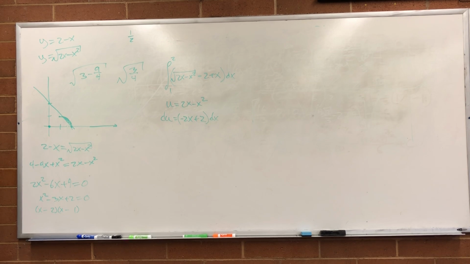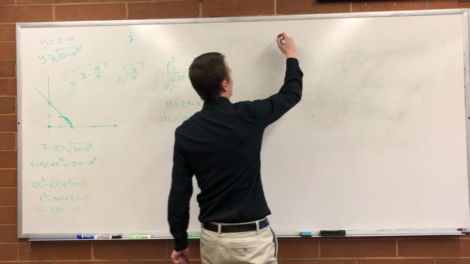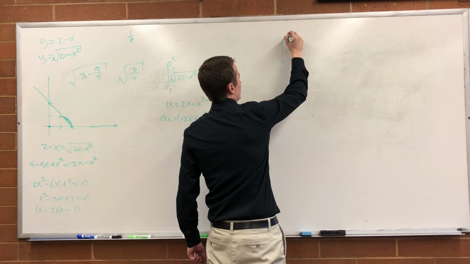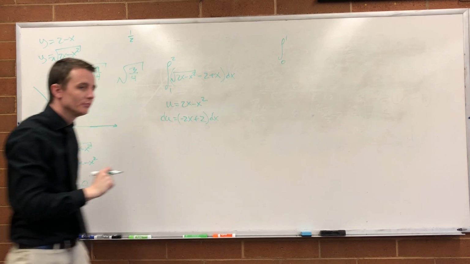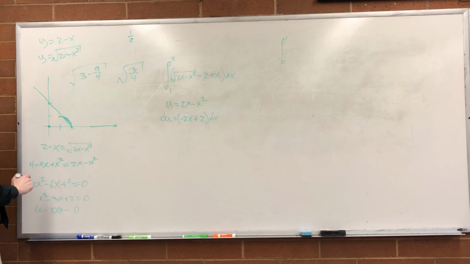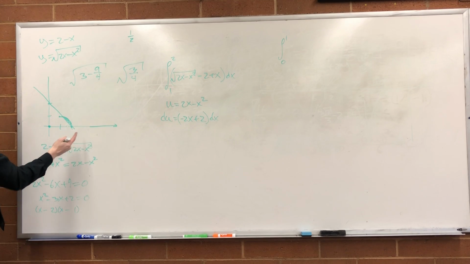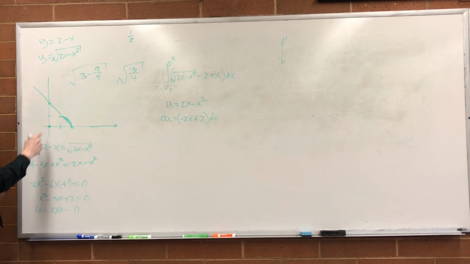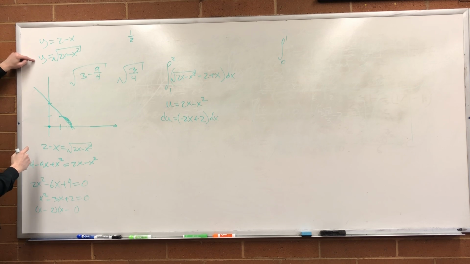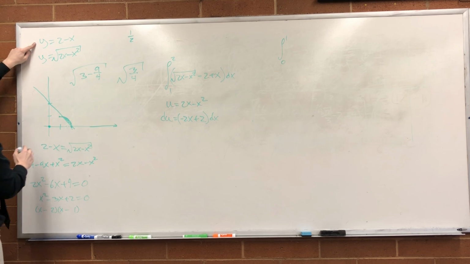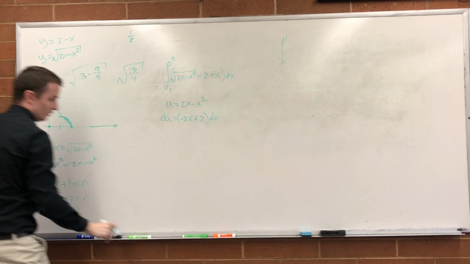Well, should we try it in terms of y and see if it's something more workable? Why not? So we know in y it's 0 to 1, so we know our bounds of integration. I'm going to rewrite this in terms of y and see if it's a more workable integral. Our top function is still going to be this one, and this is our bottom function, but we need to solve these for x.